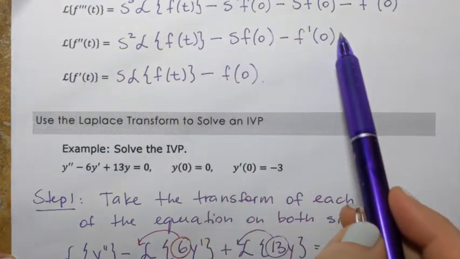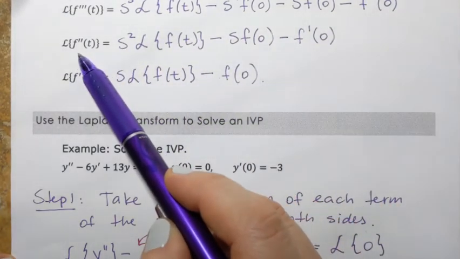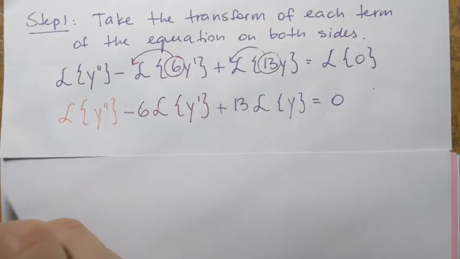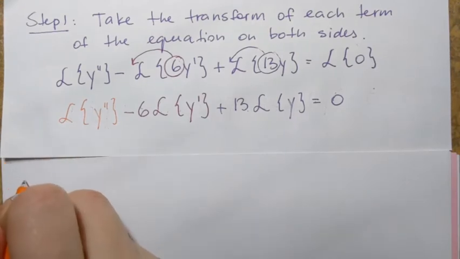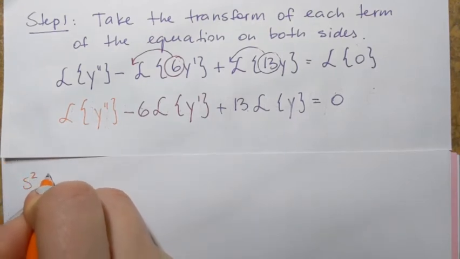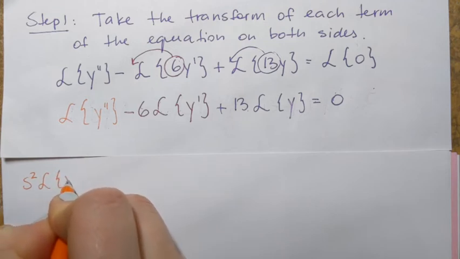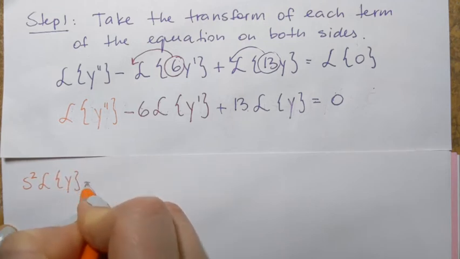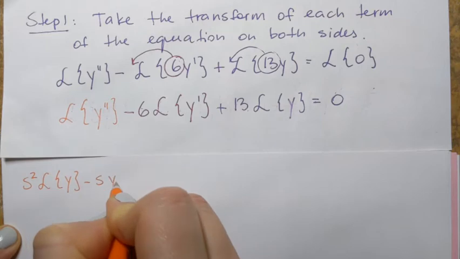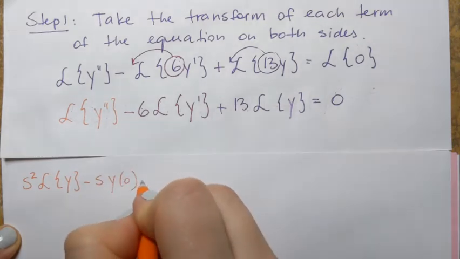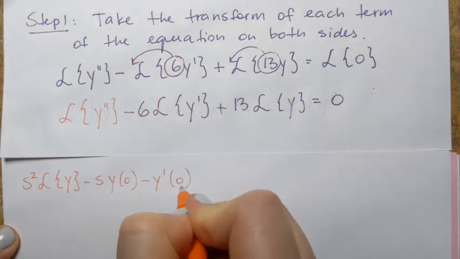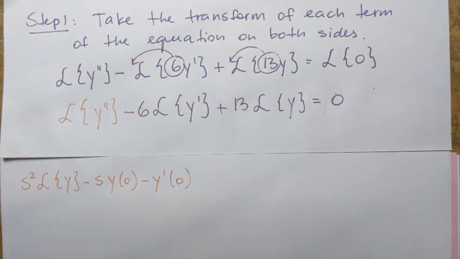And that's what I'm going to replace the Laplace transform of the second derivative with. Okay, here we go. So it's s squared, the Laplace transform of y, minus s y of 0, minus y prime of 0. That's what the Laplace transform of the second derivative is.